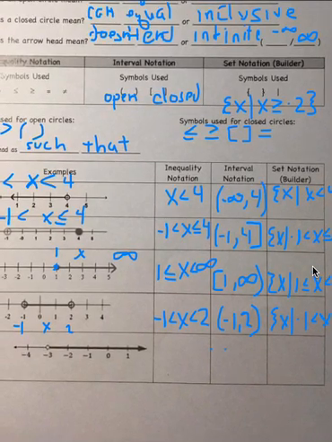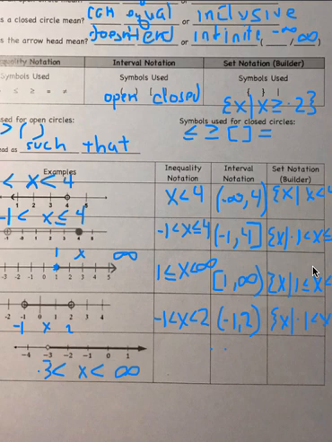Okay, our last one, once again, go from left to right. So the first point is at -3, x is in the middle, and it goes all the way off to the right, so it's going off to positive infinity. And so I'm always going to read it from left to right. So my inequality notation: in inequality notation you don't have to say -3 is less than x is less than infinity.